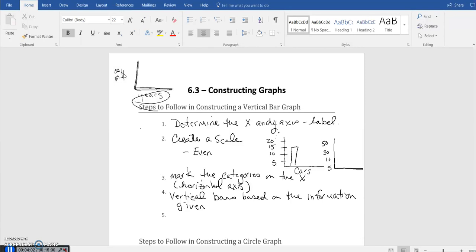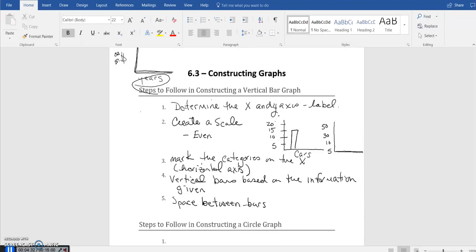The last thing that I need to do is make sure that space is given between bars. Remember, I don't want to make the bars touch each other, because if my bars touched each other, then that would actually be a histogram, and I'm not interested in a histogram. I'm actually interested in a bar graph.